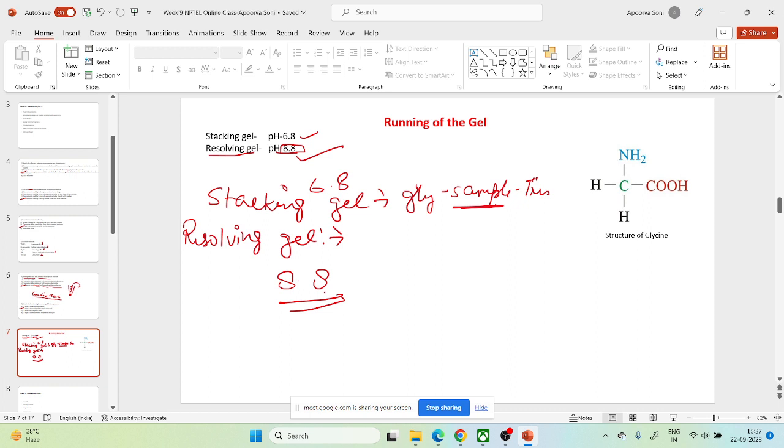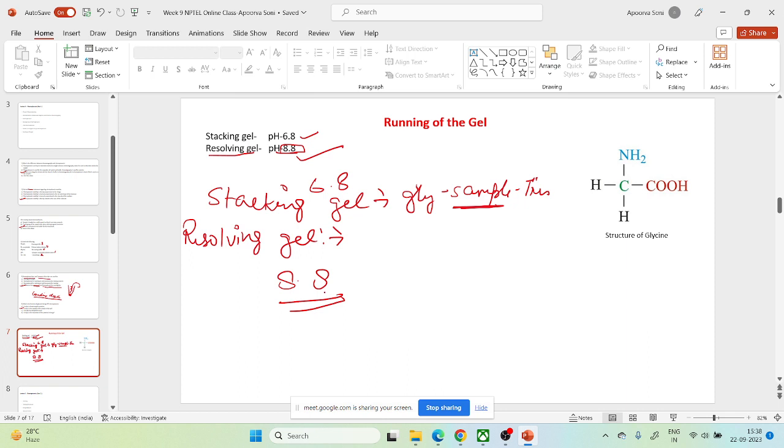Ma'am, the COOH group is losing its H plus, so it will become negatively charged. Yes. So the first thing you have to understand is, do you know about the concept of isoelectric points? Yes. Isoelectric point is basically a pH at which a molecule has no net charge.